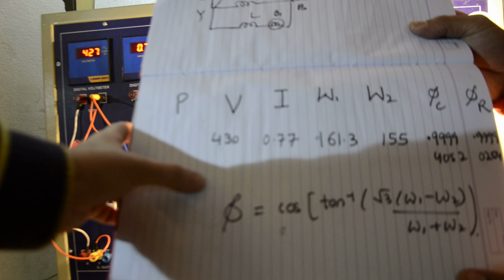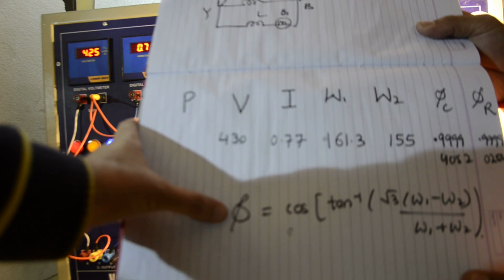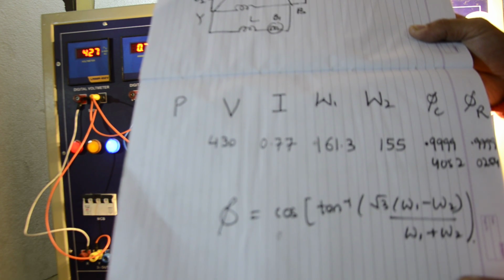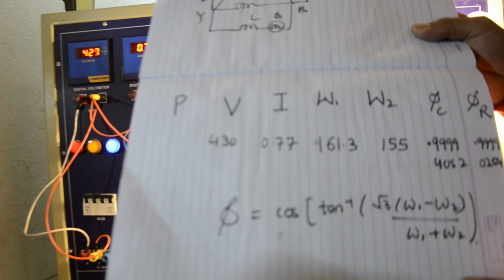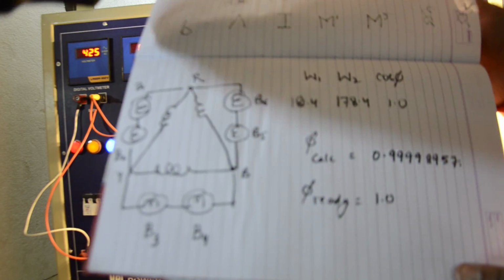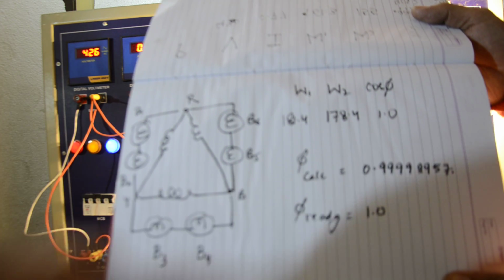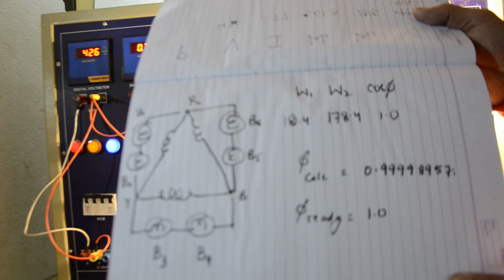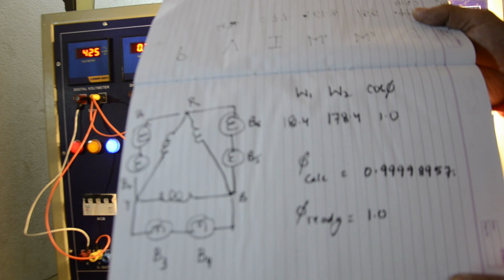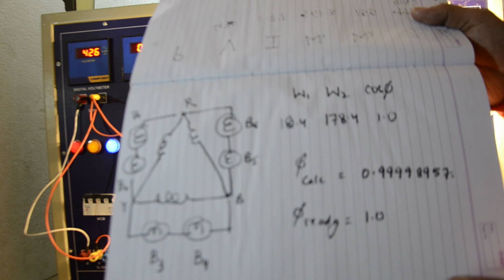This calculation simply says that the calculated power factor is equivalent to the reading from the wattmeter. So our power factor calculation is correct, and this is the power factor for a delta connected purely resistive load.